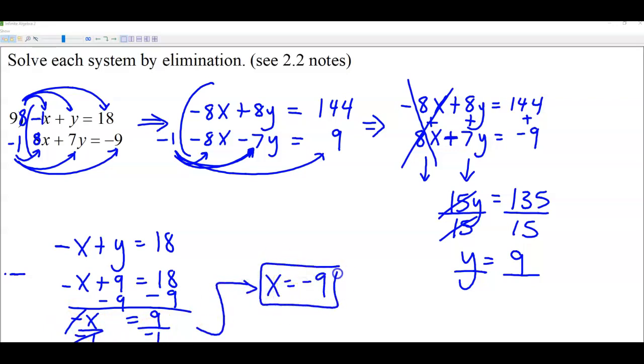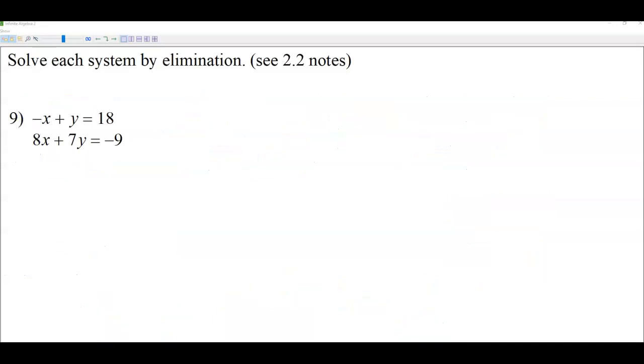So there's my x and there's my y. And once again, you can write those as a point where the x comes first, followed by the y. That's the point where the two graphs of those functions would cross, if you want to think of it that way. The point that they have in common.